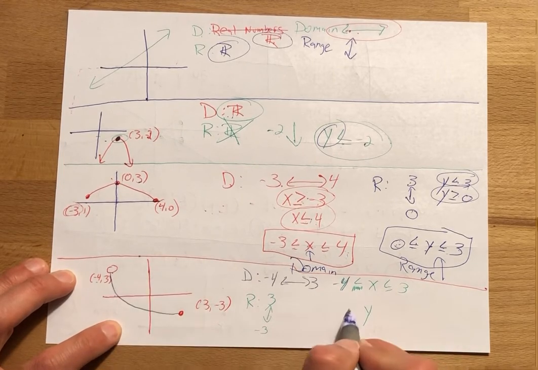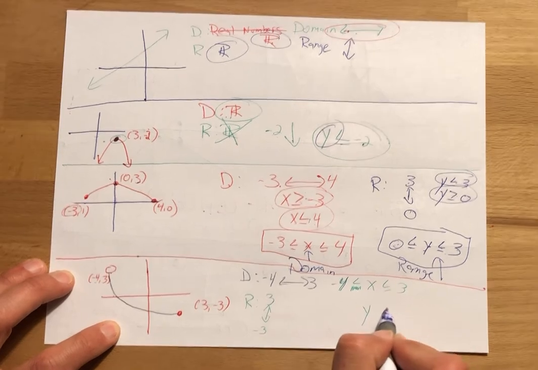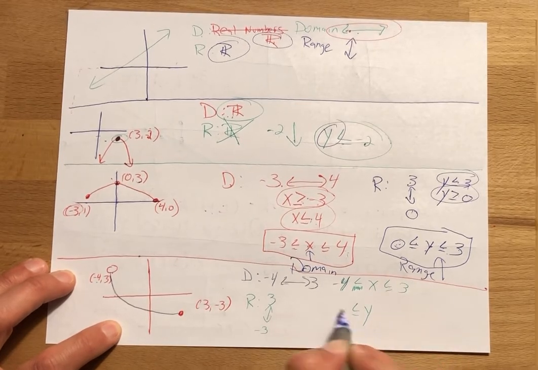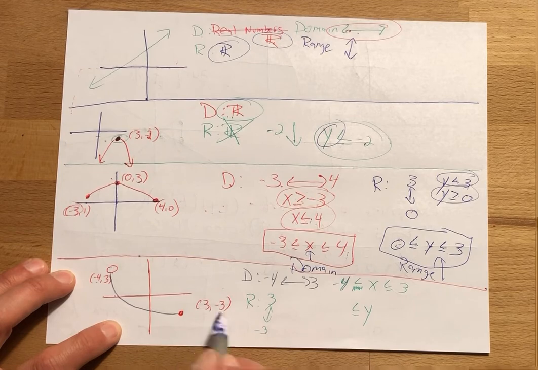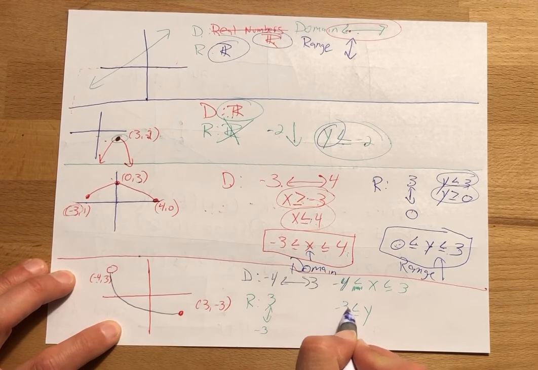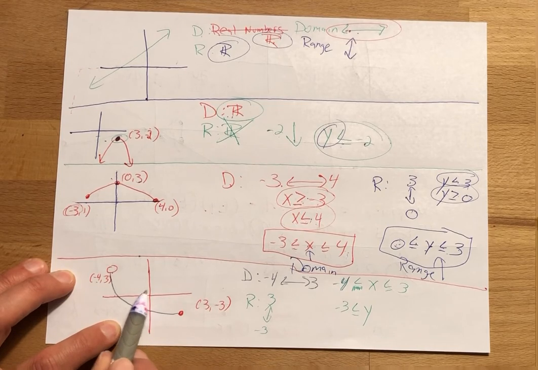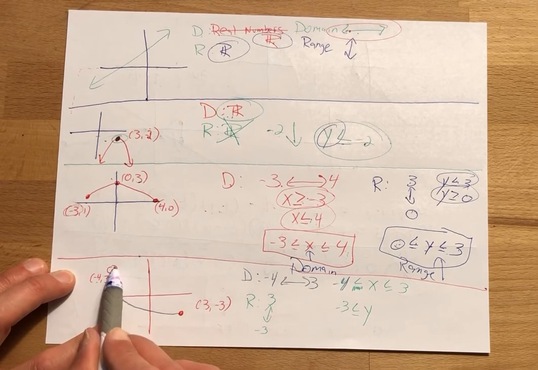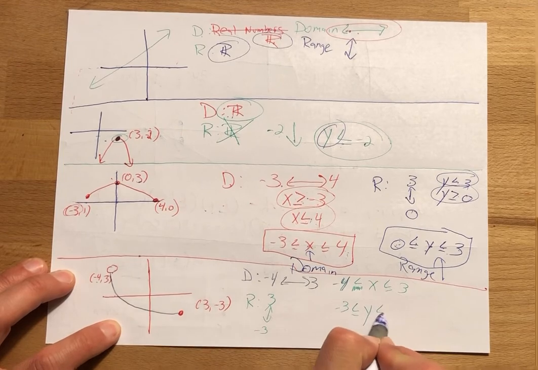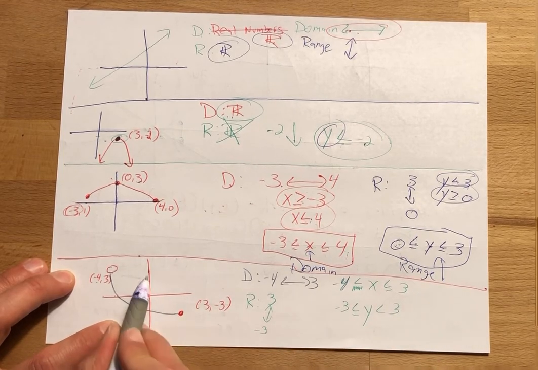But let's write it as a compound inequality. So I know y is greater than or equal to -3. See, it's bigger than -3 because it goes up, up, up. Any y coordinate that's bigger than -3 will hit it all the way up to +3. But it can't equal +3.